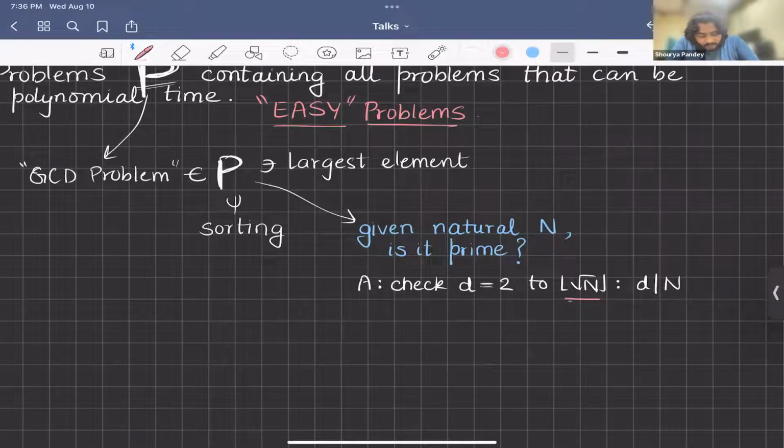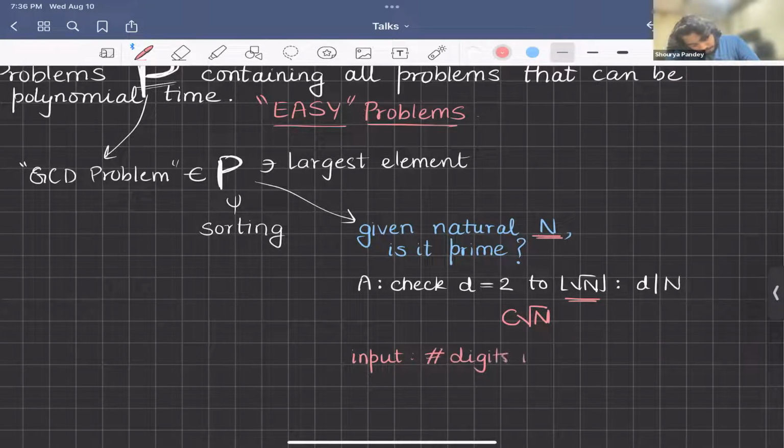Notice that the number of steps taken by this is root n times some constant. But what is my input size? My input size is not n, it's the number of digits in n, which is actually log n.